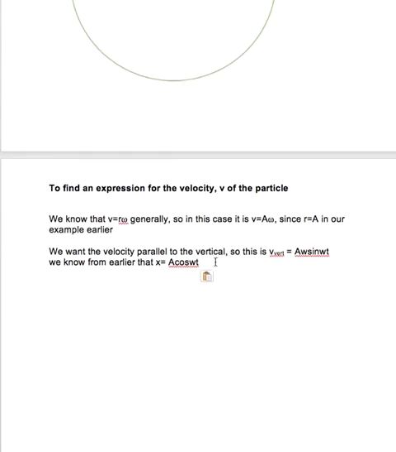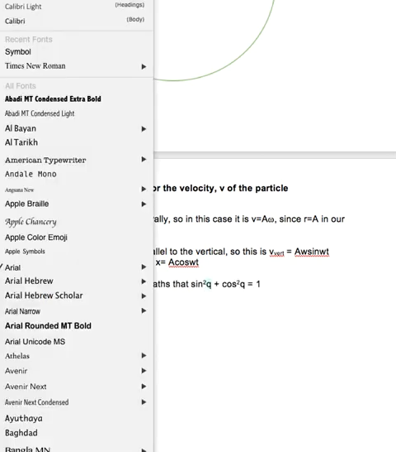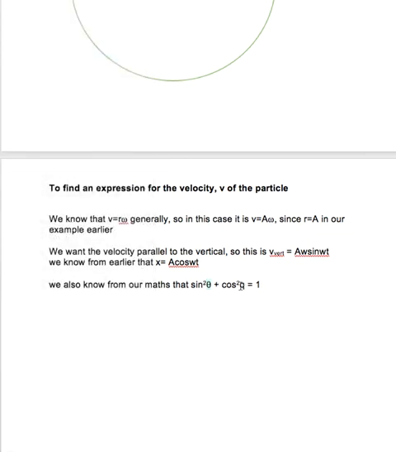Now, we also know from our maths that sine squared plus cos squared equals 1. So we can now get this x expression into our v expression, which would be quite handy.